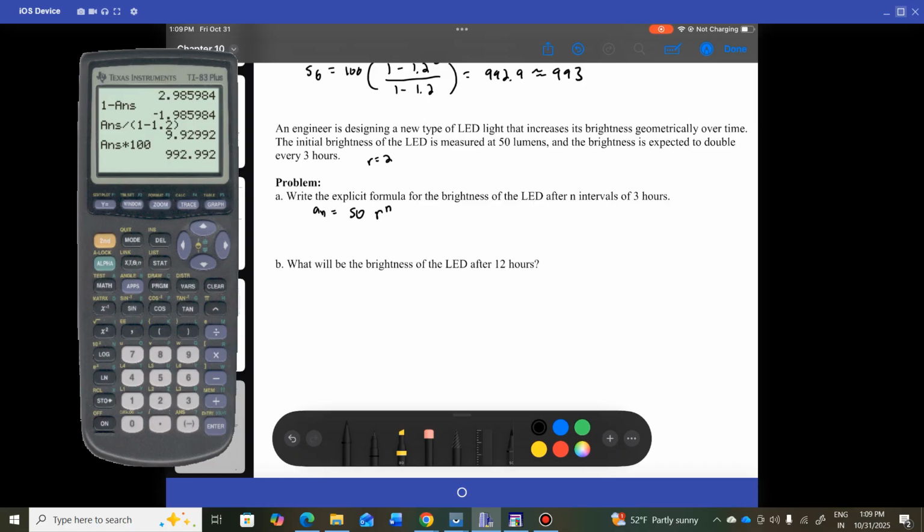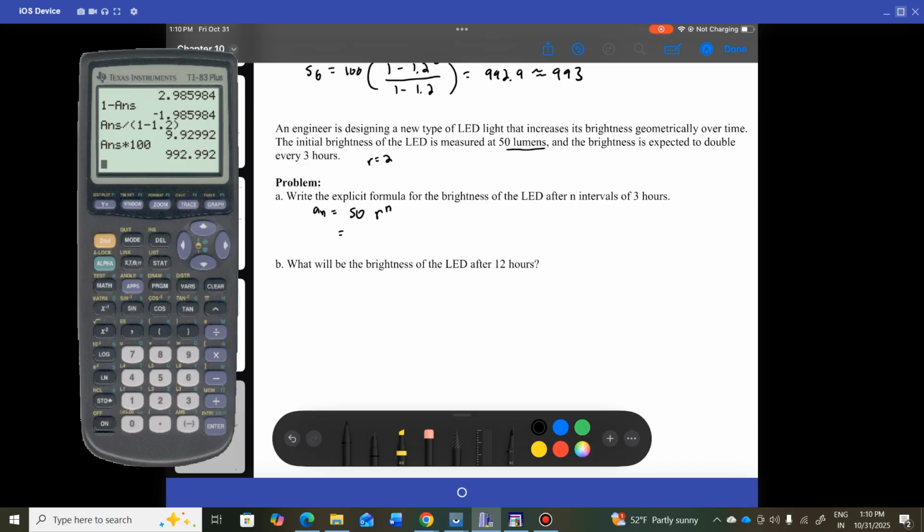So it's doubling. So if n is 1 and r is 2, then that gets you to 100. So we'll have to adjust this. Actually, hold on a second. Let me think about this. First month is 50. It's doubling every 3 hours.